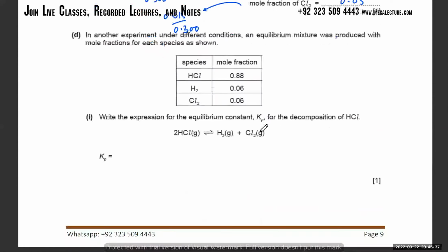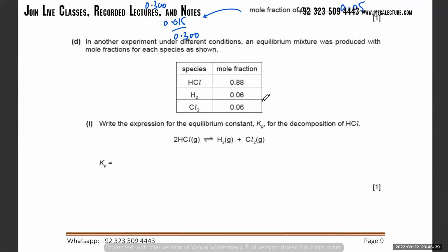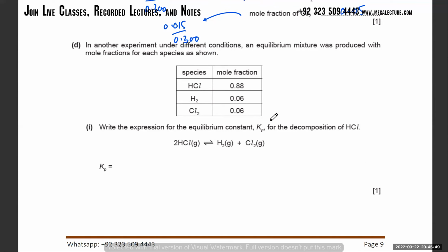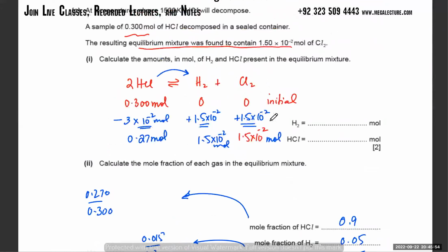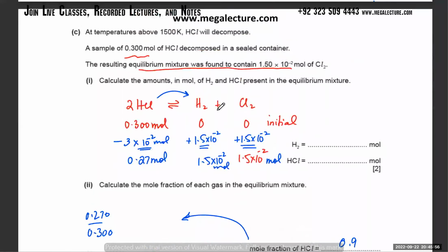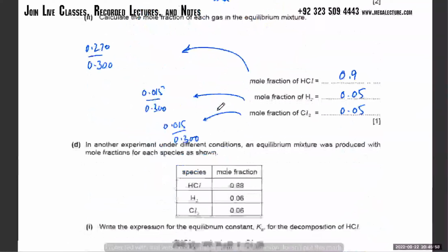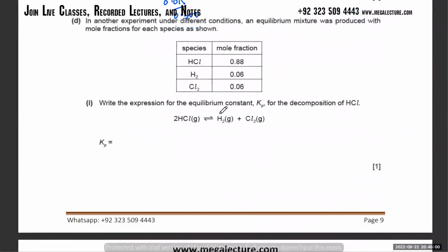In the next part, they actually told us the mole fraction. He's saying there's another experiment with different conditions, and he's asking you to calculate the value of Kp. Nowhere in the question did he give us the pressure, because you don't even need pressure.